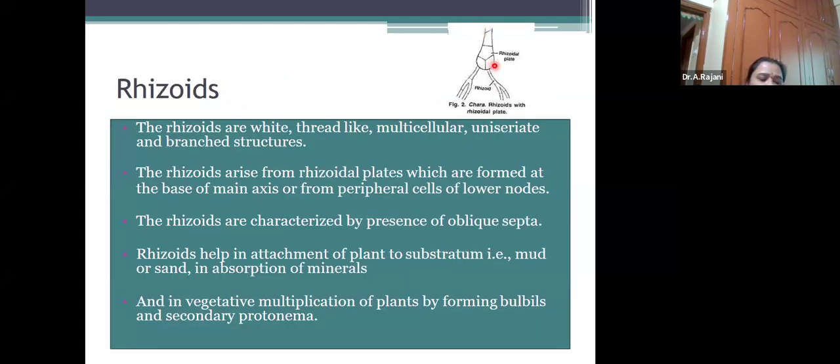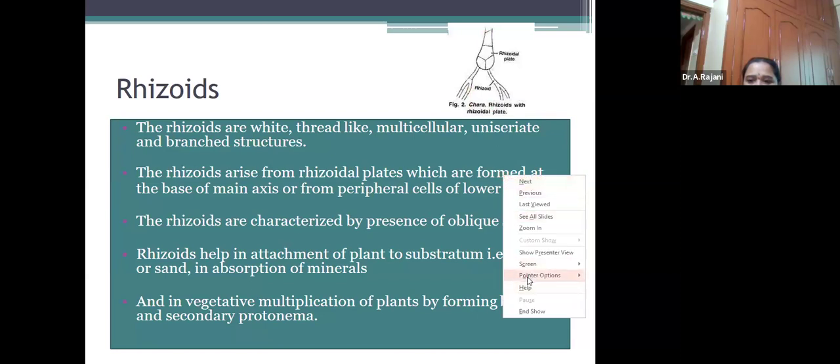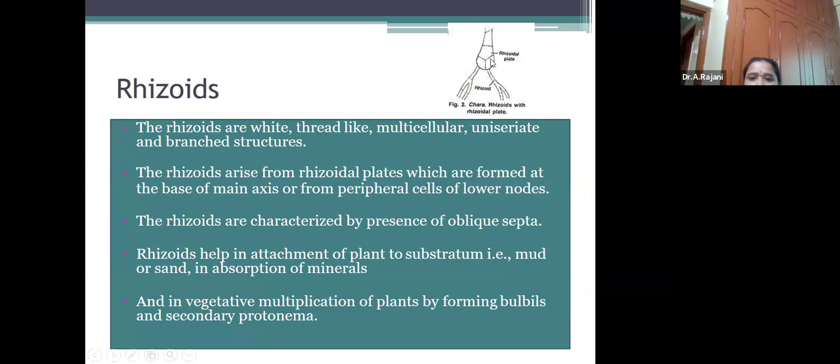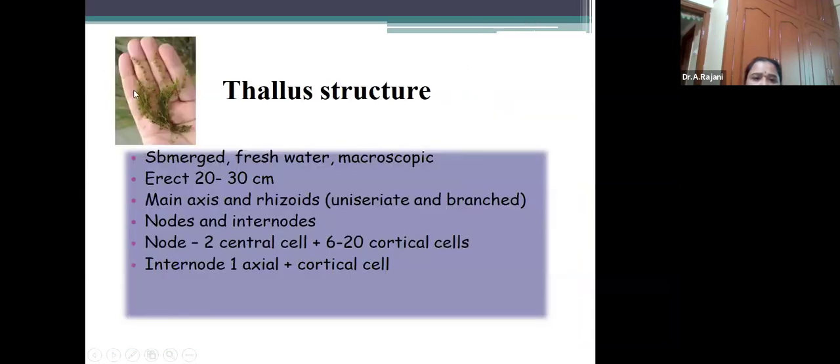This is the whole Chara plant. See, this is the structure. In this plant, the thallus has branching, multicellular branching. The main axis is also present.